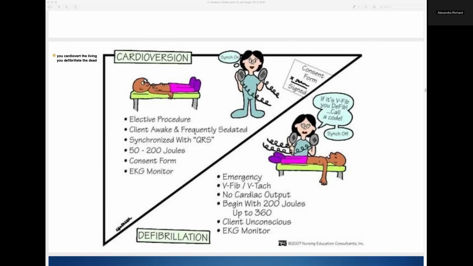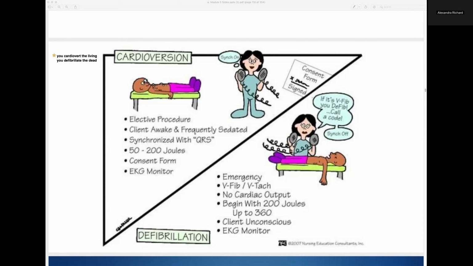Every minute that goes by that you do not defibrillate pulseless VTach or VFib, your patient loses a 10% chance of coming back to life. You have to know how to recognize VFib and pulseless VTach, and you have to know how to defibrillate them. So you cardiovert the living, you defibrillate the dead.